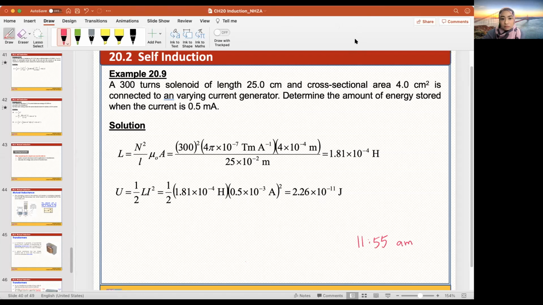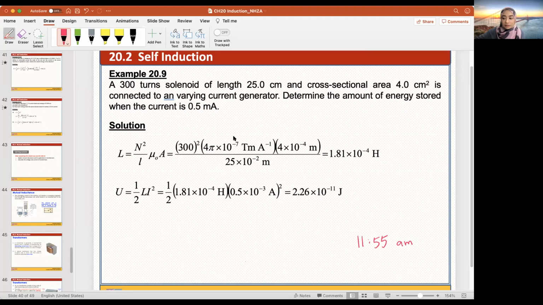Doctor, I wasn't clear about the summary. Could you repeat back? Umar tanya summary pasal apa yang tadi? Doktor, self-induced EMF sama je dengan self-inductance?